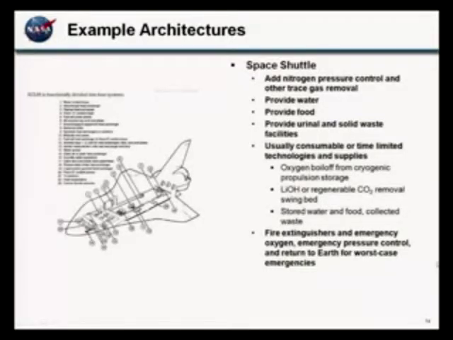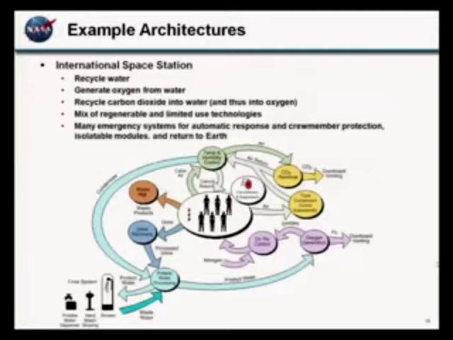Life support gets to siphon resources off the propulsion system with the cryogenic oxygen. We have some consumables that are not regenerated because we have a nice supply chain to Earth. Space station, we have a much longer life cycle, so there are a lot more trades towards recycling. But at the same time, like Bob said, there's still a pretty strong supply chain to Earth for the parts to make that happen.